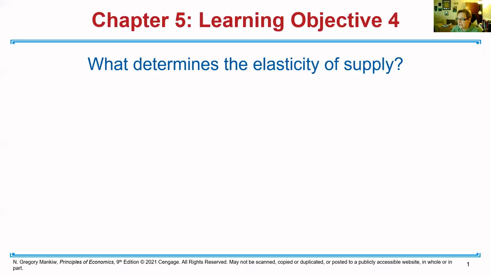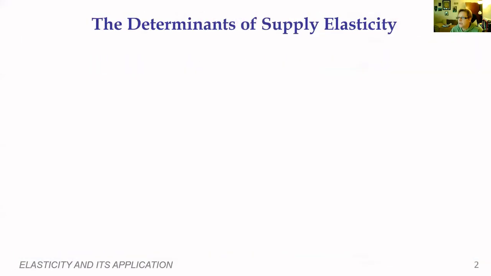Okay, so what determines the elasticity of supply? When we look at elasticity of supply, remember what we're doing is looking at how quickly a supplier can respond to an increase in the market price. If they can respond very quickly, then they are elastic. If they can't respond as quickly, then they're inelastic.